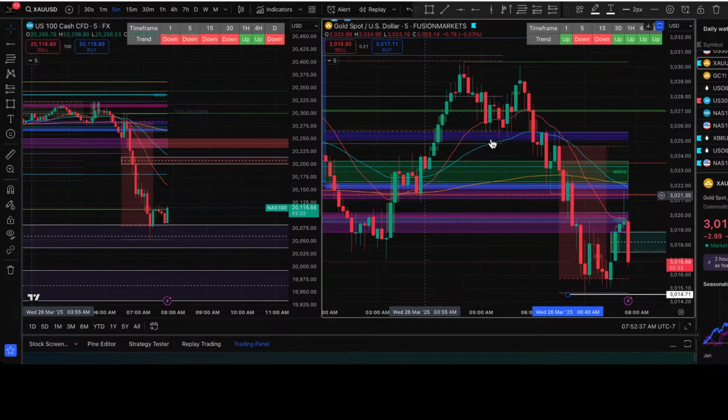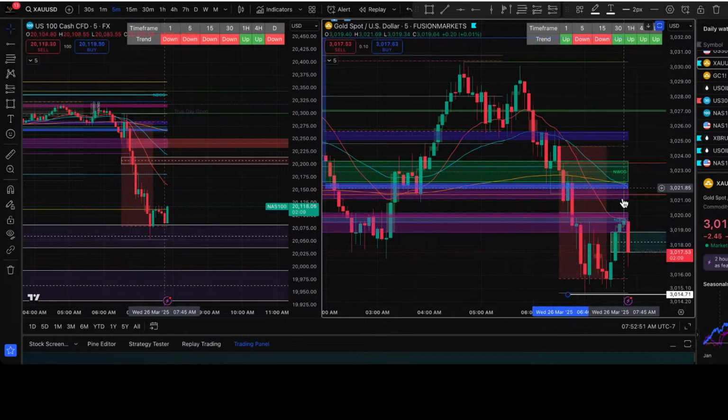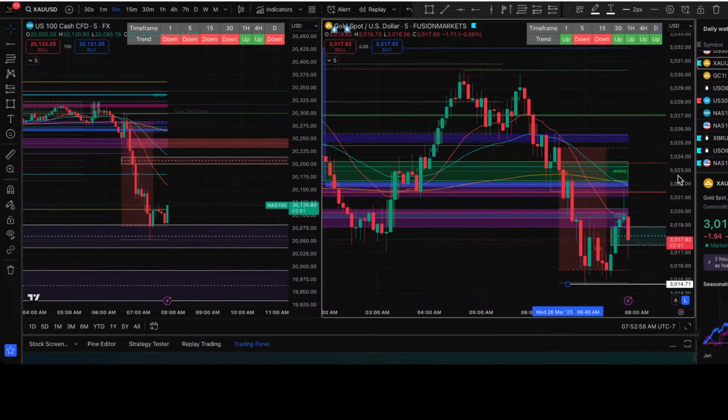So then why did the market bounce off of here, off the blue zone, and then here? Closed, closed, wick, wick, drop off the blue zone. Why did it come all the way up here and tap this purple zone and then drop? Not a coincidence.